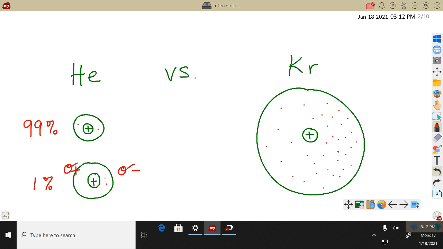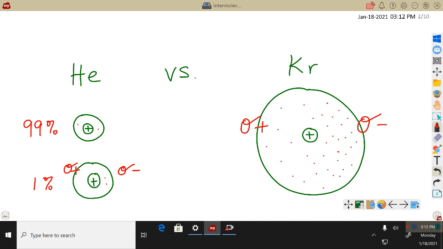I think it's 36. It's somewhere in there, right? Okay, do you kind of see what I drew here? That one area of the atom definitely has more electrons, so that area is going to be slightly negative. And then the opposite end of the atom that's lacking the electrons will be slightly positive, partially positive.